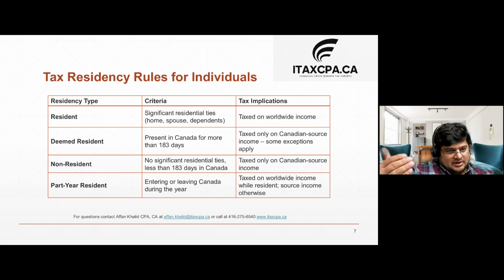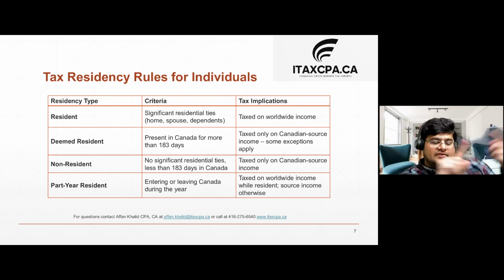And then the employer must issue a T4 slip, which is similar to W2, and the employee must file their Canadian tax return, get a temporary SIN or tax identification number, which we call ITN, and has to pay tax in Canada first.